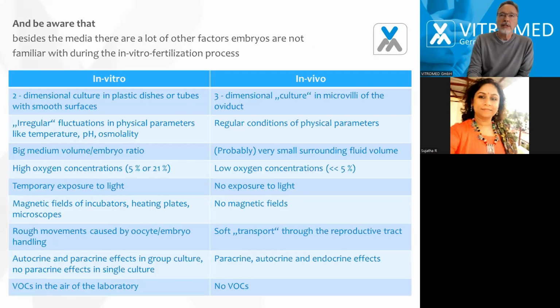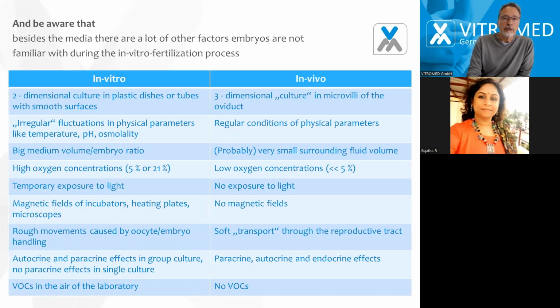Here you see a table that shows, besides the medium, what is really important and different from the natural situation. For example, in vitro, we have a 2-dimensional culture. In vivo, we have a 3-dimensional culture. This is a different situation for the embryo.